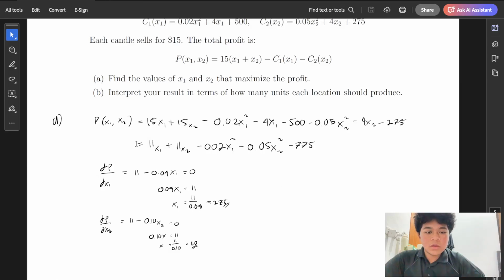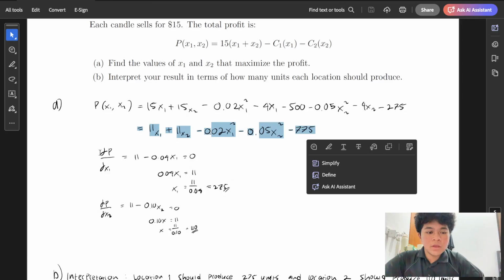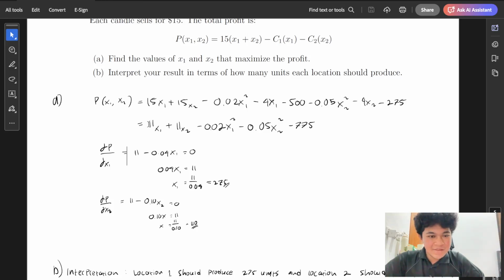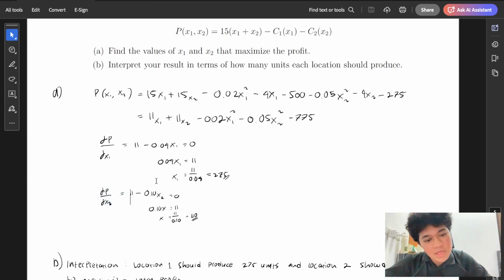After we get this formula, we have to take the derivative with respect to x1 and also x2.